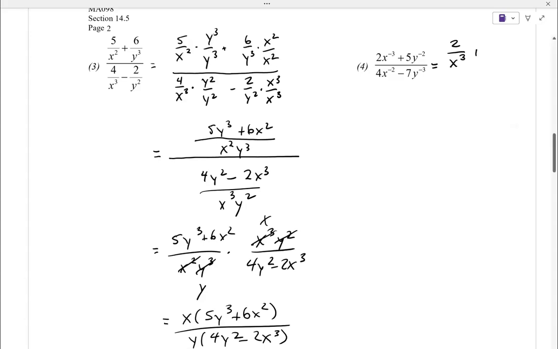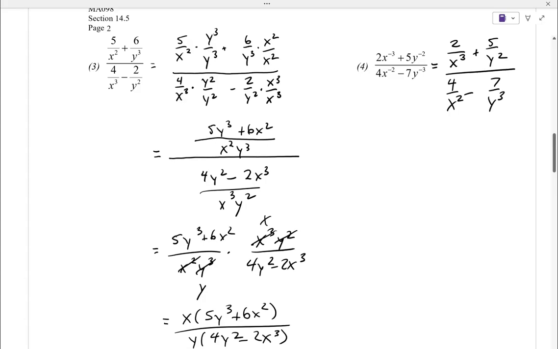So what's the next piece going to look like? Good. 5 divided by y squared. The next piece, 4 over x squared, and the other one's going to look like y.